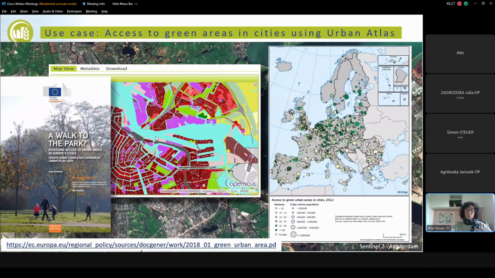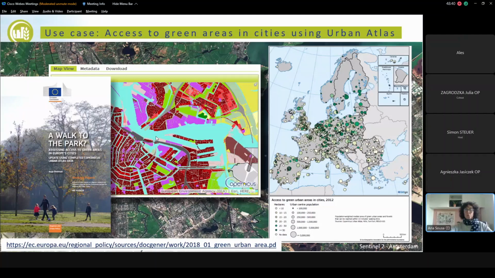Those can be population by age category, household income, unemployment rate, local air quality, exposure to noise, etc. There's a myriad of other variables that can be combined.